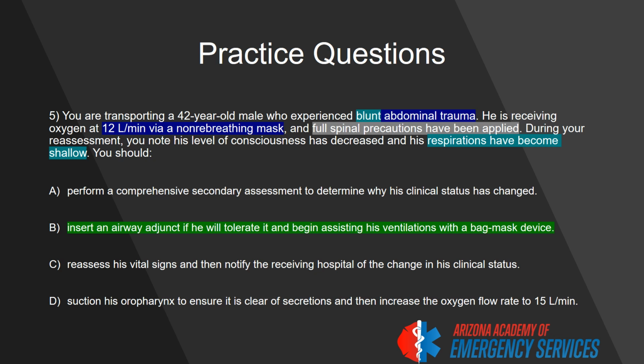D, suction his oropharynx to ensure it is clear of secretions, and then increase the oxygen flow rate to 15 liters per minute. D is incorrect because suctioning the oropharynx might be something that we need to do if the scenario question had made it explicitly clear that the airway was impeded by something like blood or by a foreign body or by vomitus.